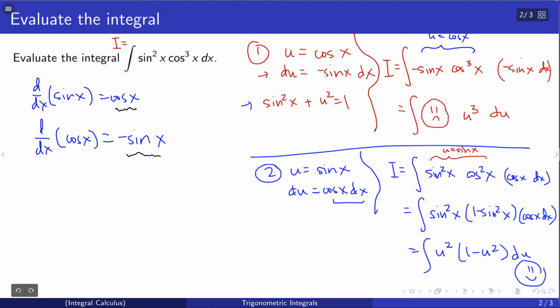But to just speak about this problem in a more general manner here, if you consider what happened, the issue with the first method was that we ended up with an odd power of sine. Whereas in the second method, we ended up with an even power of cosine after you isolated one copy of it.